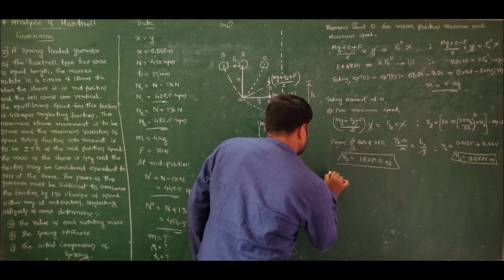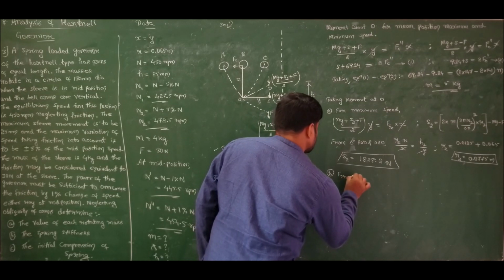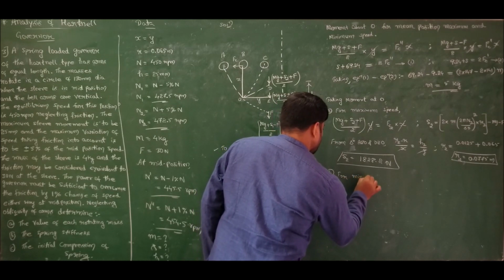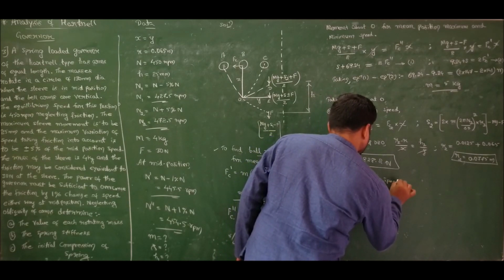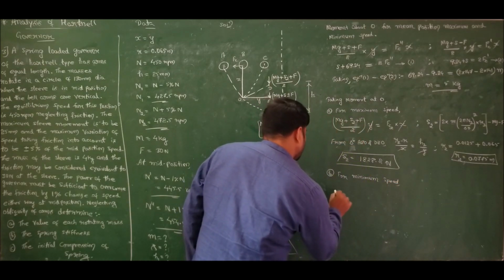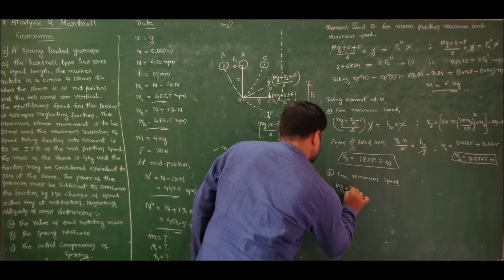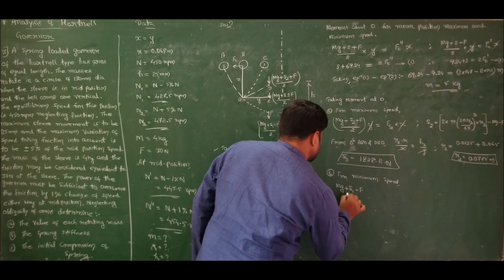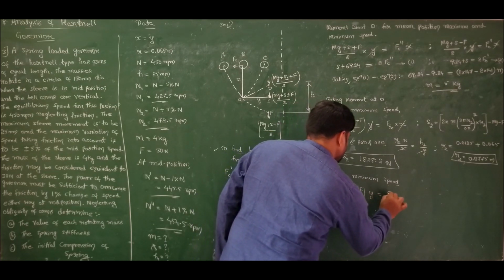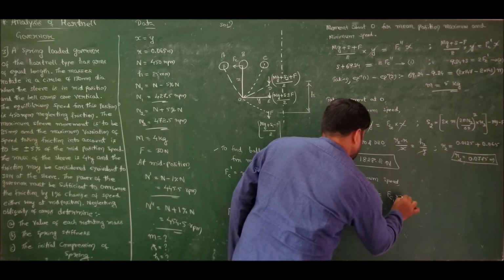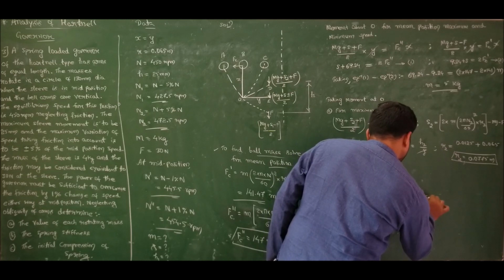Now for minimum speed. If I take it for minimum speed, what am I going to get? mg plus S1 minus F by 2, into Y, must be equal to FC1 into X. Cancel X and Y. So we get the expression for S1.